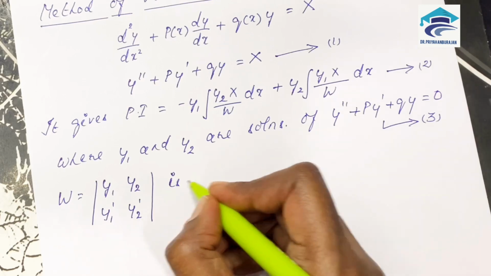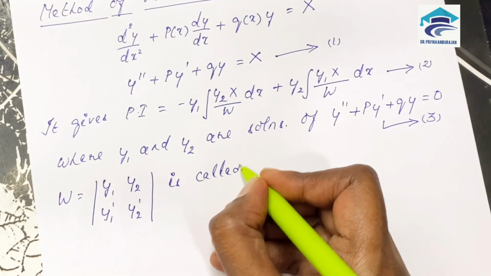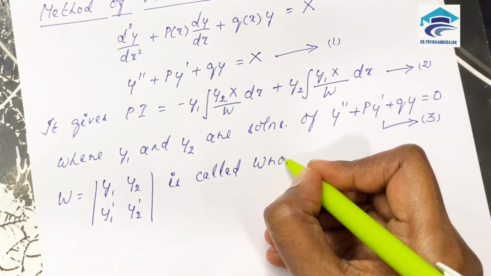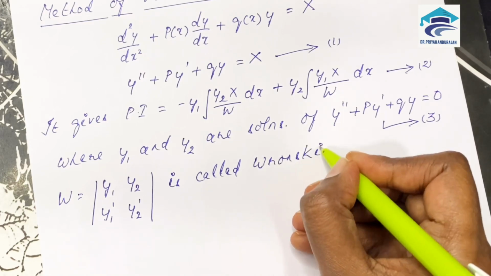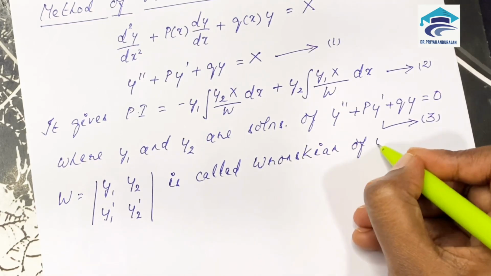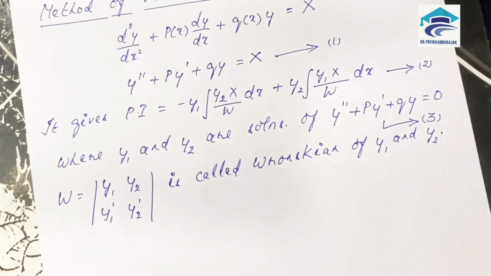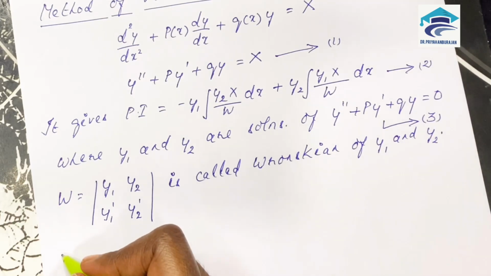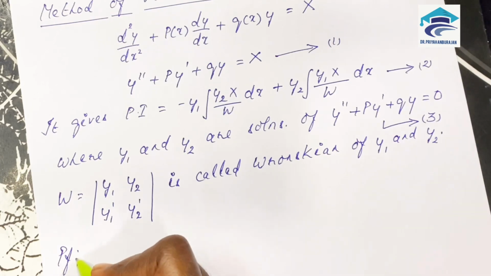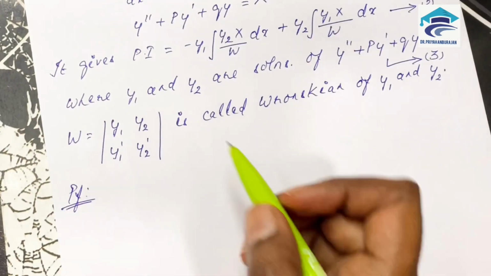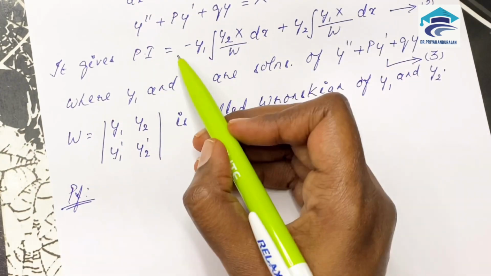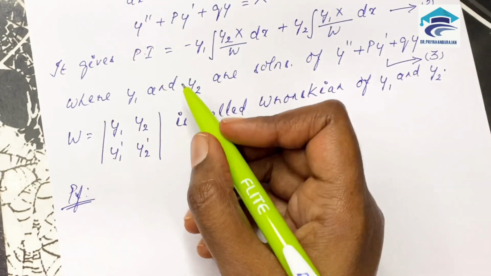This determinant is called the Wronskian of y1 and y2. So let us prove this. We are going to prove that the particular integral is this.